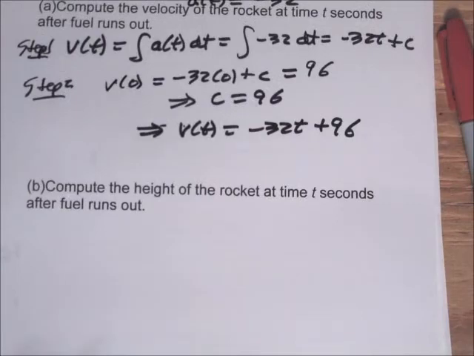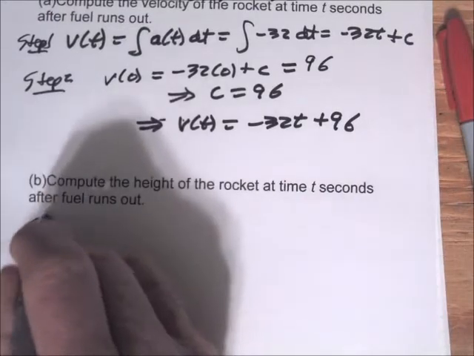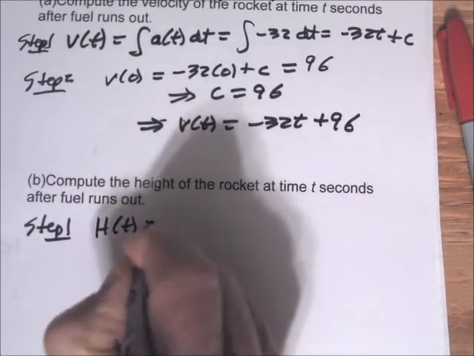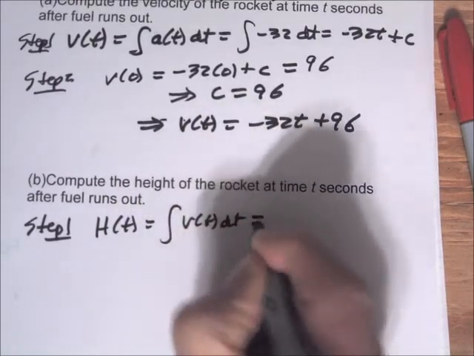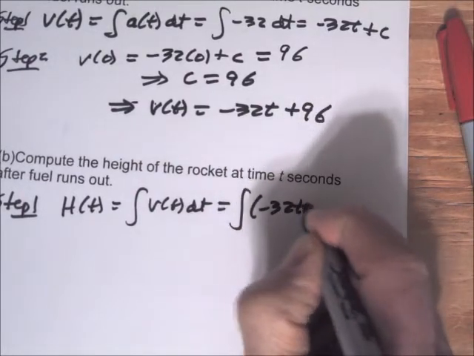And then the height of the rocket at time t seconds after the fuel runs out, well, the height is going to be the antiderivative of the velocity. So this is going to be the antiderivative of minus 32t plus 96.